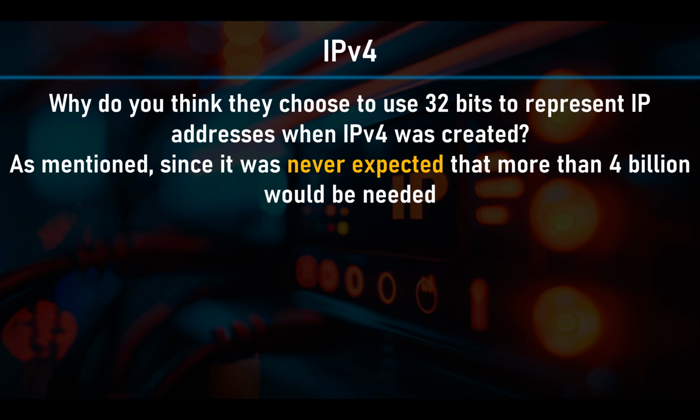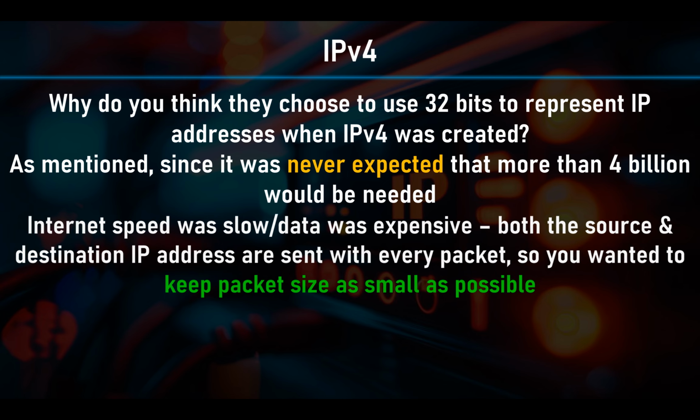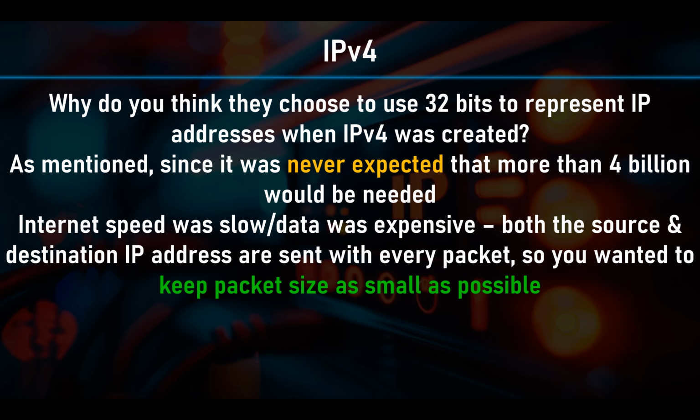From then it obviously expanded worldwide. Also, internet speed was slow and data was expensive, so actually having to transmit the data over the wires is going to be costly. Both the source and destination IP address are sent with every packet, therefore you want to keep packet size as small as possible.